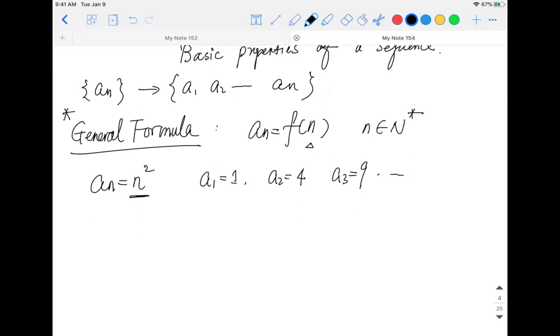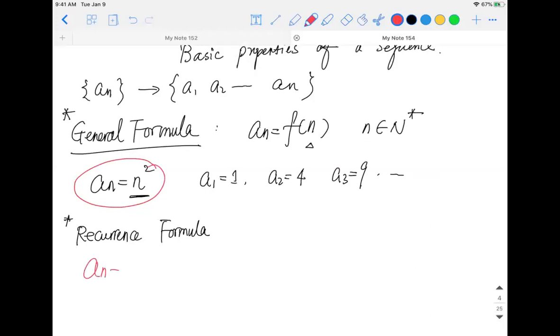Another way, we call it the recurrence formula. While the general formula denotes the relationship between n and an, the recurrence formula, on the contrary, finds the relationship between any two terms in a sequence. I'll give you an example.